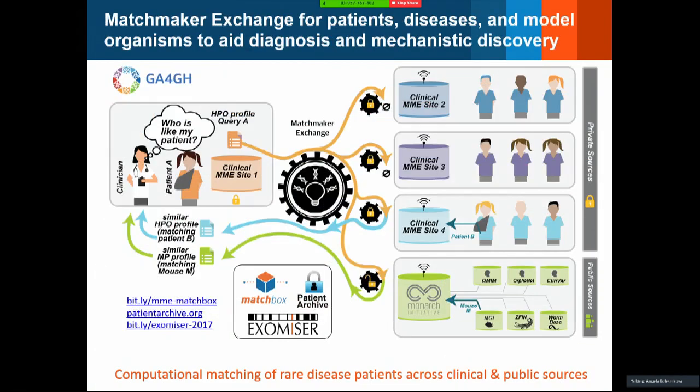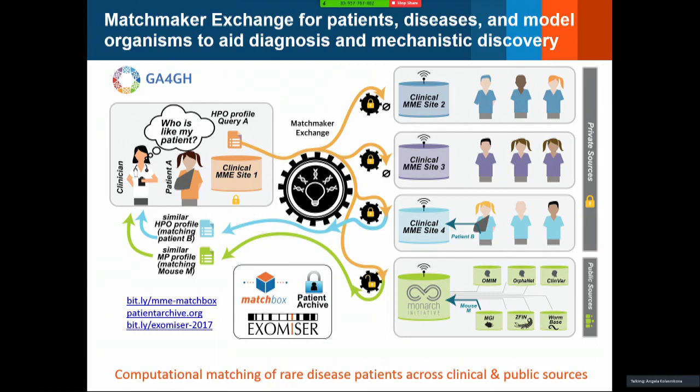The other thing that this allows us to do is matchmake patients across the globe. So when we have an undiagnosed patient, we're really trying hard to determine how we can find that second family and thereby validate the candidate variant that the patient may have. And so in this context, we have a clinical site that has what we call a Matchmaker Exchange site set up, and this is part of the Global Alliance for Genomics and Health.